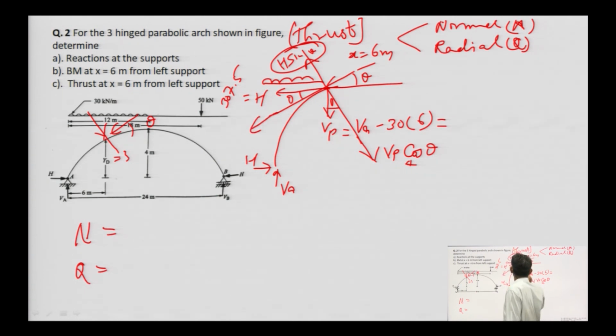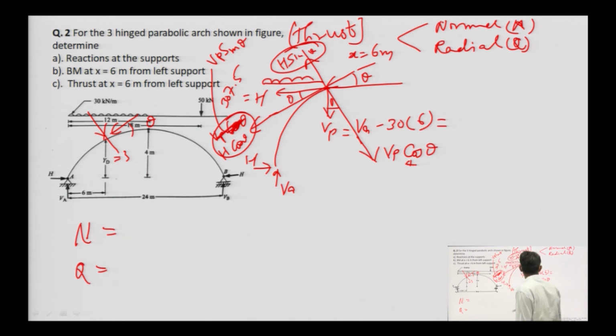Similarly, the component of Vp along this side is Vp sin theta, actually not cos theta, Vp sin theta, and for H it is H into cos theta.